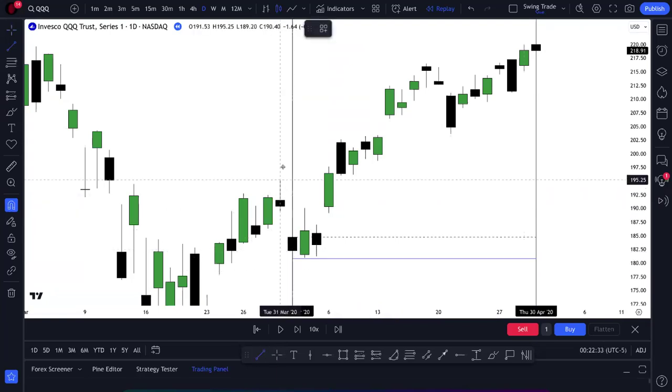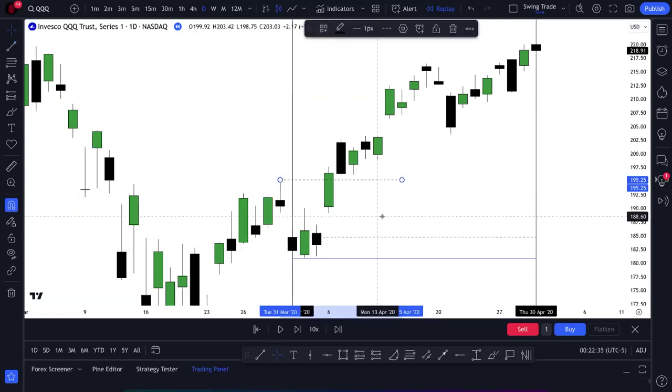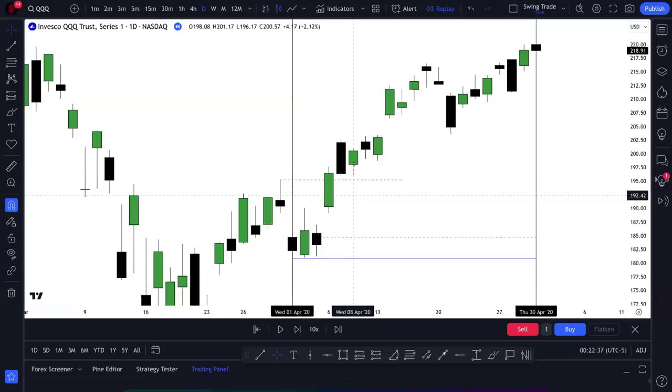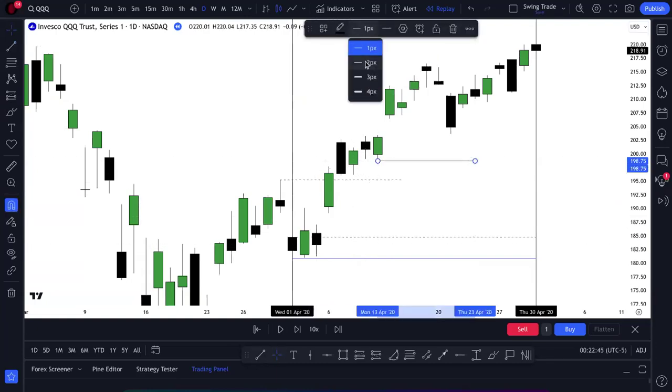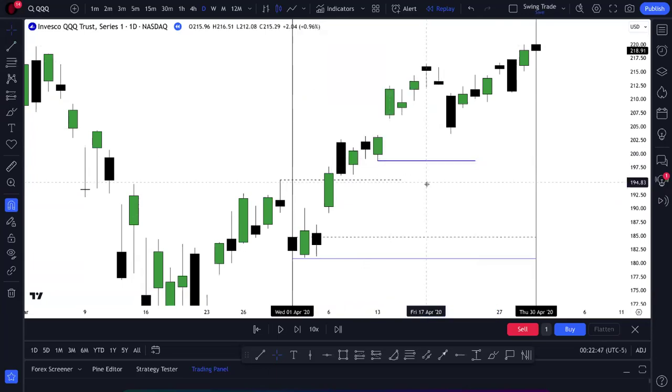Price breaks a swing high here. After breaking that swing high, do we get a higher swing low? Yes, we do. We get one right here. This swing low is higher than that one down there. Price is trading up.